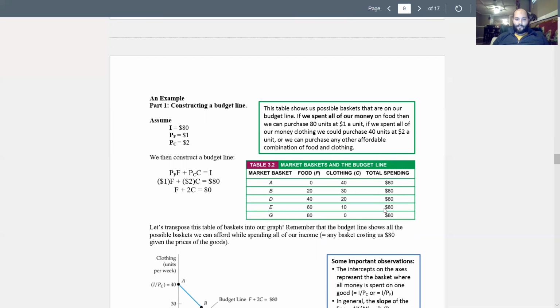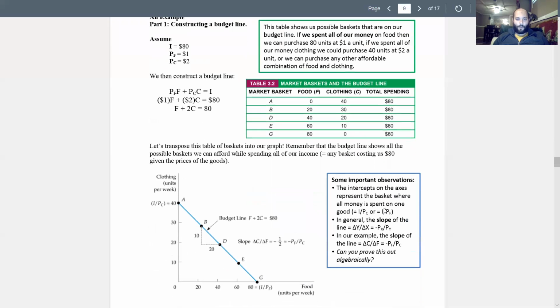And one thing that's important to note is that in this simple model, we don't have any use for savings. So we're going to assume that if the consumer has income, they're better off spending it on goods. We know in the real world that that's not true. There are reasons that you would want to save or perhaps invest. For now, we're simply looking at consumer choices between purchasing a couple of goods.